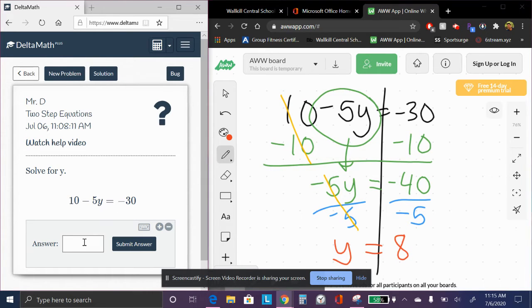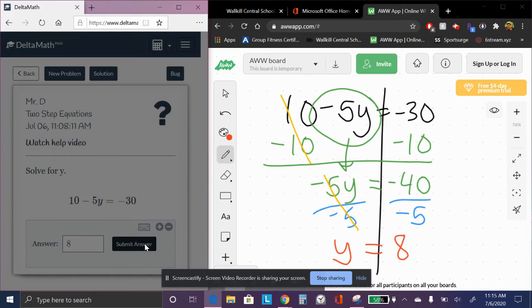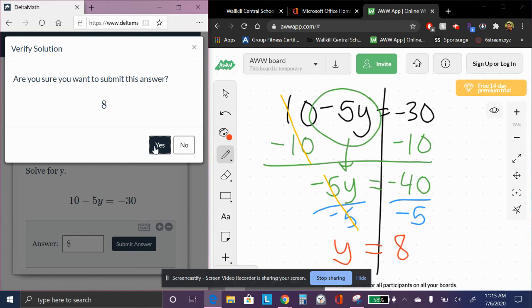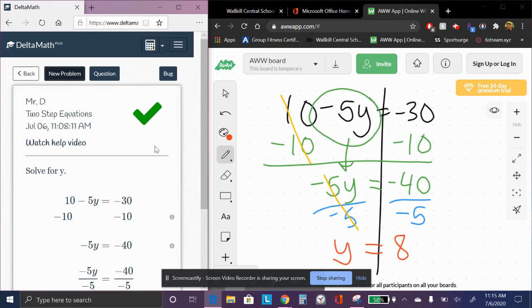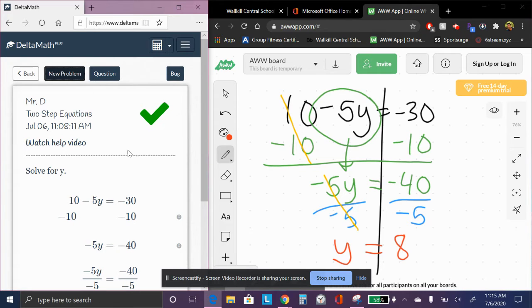So if I'm typing this into my DeltaMath over here, I'm just going to put in 8. And yes, good, awesome. All right, let's look at a new problem.